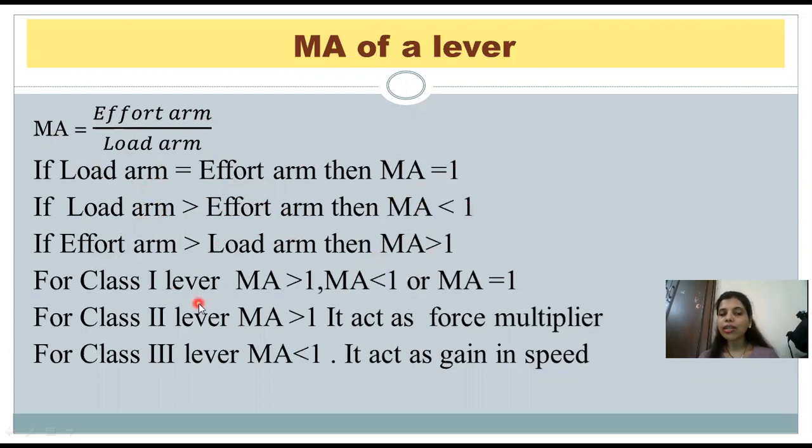So for class 1 lever, three possibilities are there. MA can be greater than 1, less than 1, or equal to 1. So it can act as all three: force multiplier, gain in speed, and change the direction of application of effort. For class 2 lever, MA is always greater than 1, so it acts as a force multiplier only. Class 3 lever, MA is less than 1, so it acts as gain in speed only.